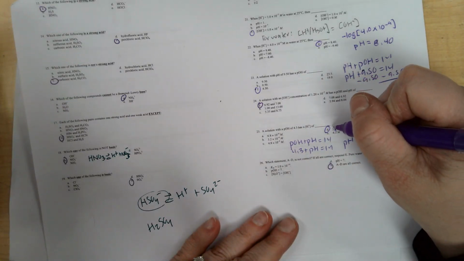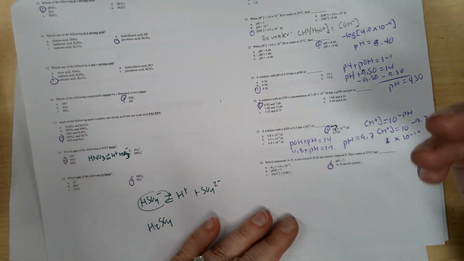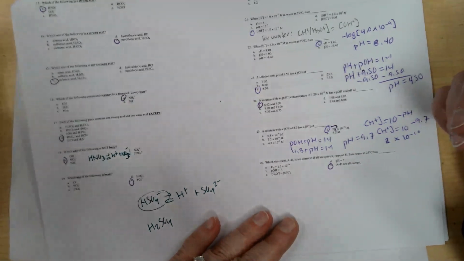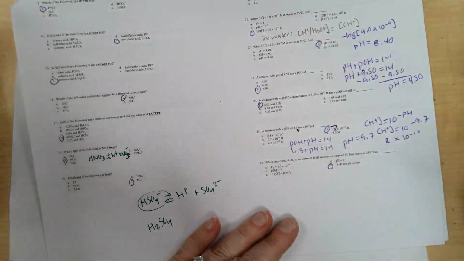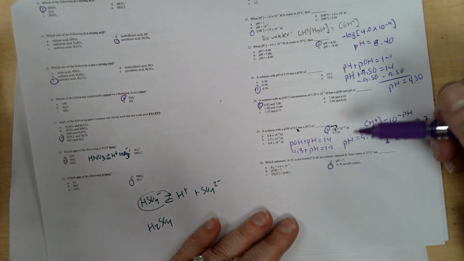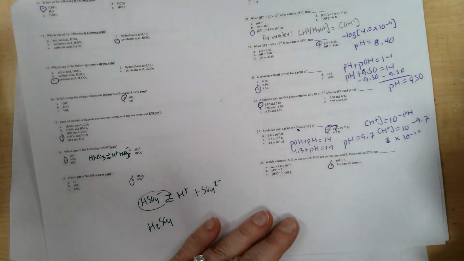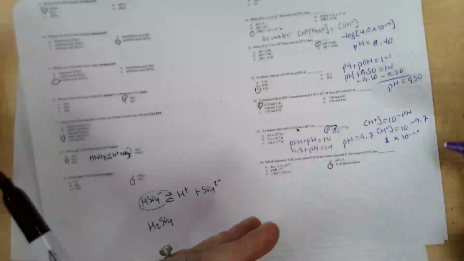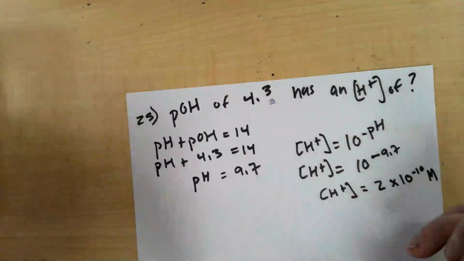And in scientific notation, this whole thing counts for your sig figs. So 2.0 would mean that we had 2 sig figs, which we were not allowed to have because we were limited by just the one sig fig after the pOH. So this is, again, a mistake in his test, but the answer choice should be 2 times 10 to the negative 10th, and the only close one there was option D. Hence why D was the answer.